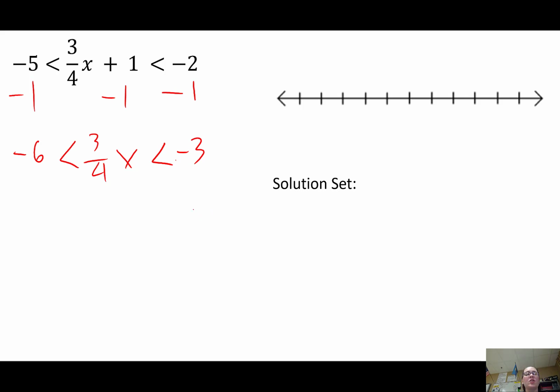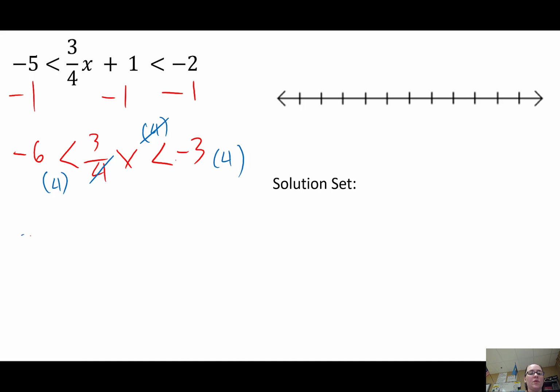I'm going to show you a slightly different way to deal with fractions this time. So I'm going to multiply everything by the denominator. That cancels out my denominator.